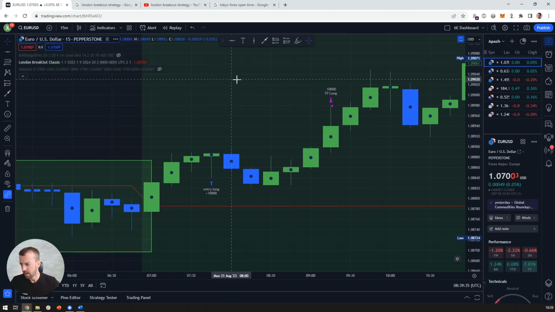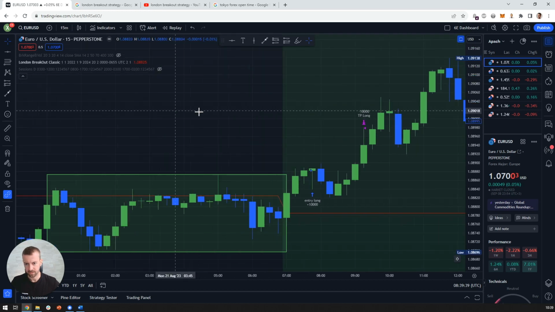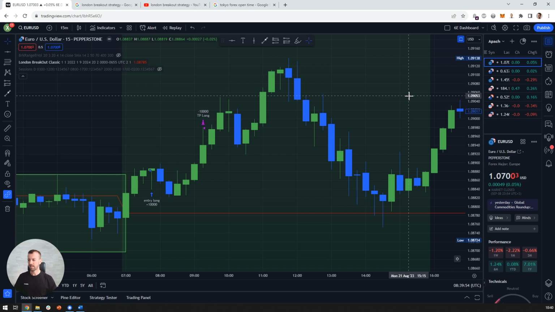Something else you have probably noticed is the green background on the chart, and the green background represents the London trading session. It goes from 7 till 4. So my PineScript code allows us to only make entries during this time.